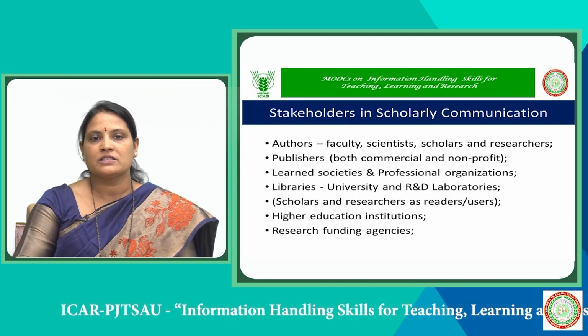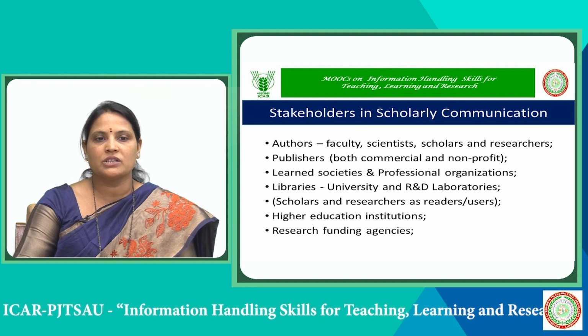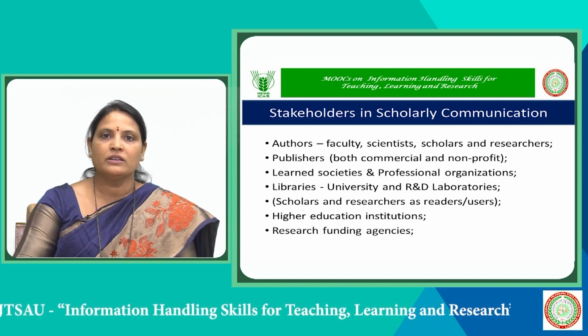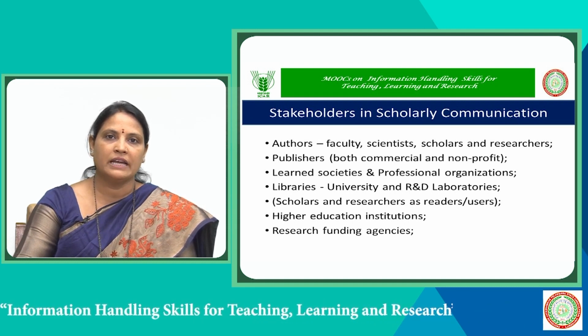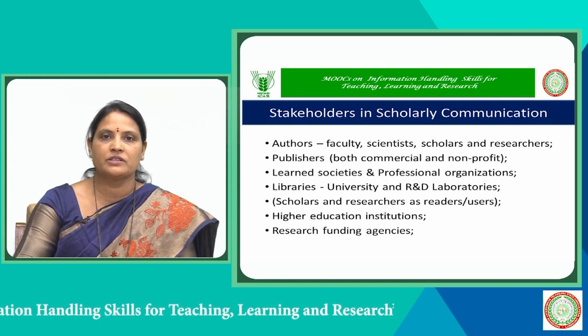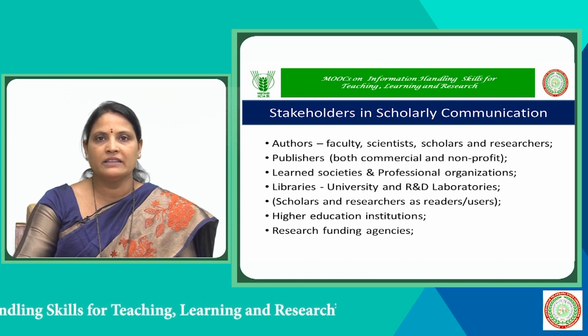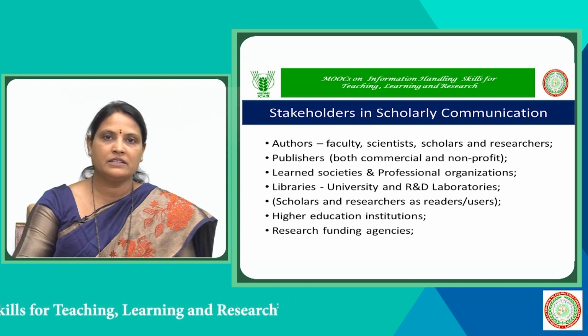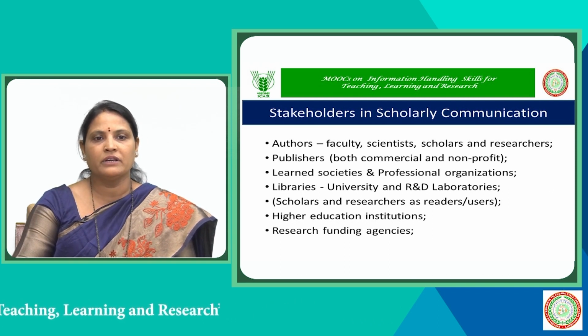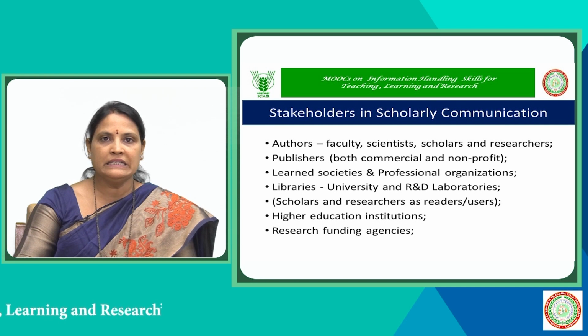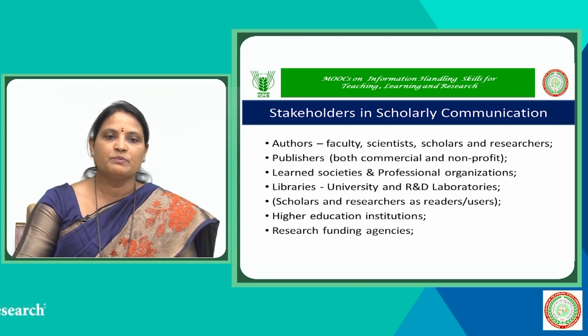There are various stakeholders in scholarly communication. First is the author. Author means any faculty members, scientists, scholars and researchers. They publish papers and gain advantages like academic rewards or academic identity in the research community. Next stakeholder is the publisher.